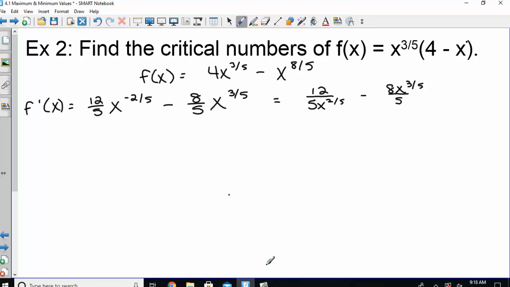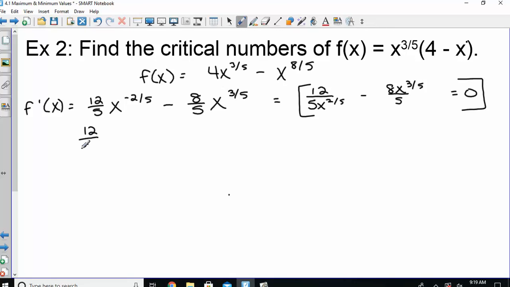How would I find out what makes this equal 0? I need to know when this equals 0. What could we do to solve that? It's not really a trick question. I mean, to solve this, what would you do?